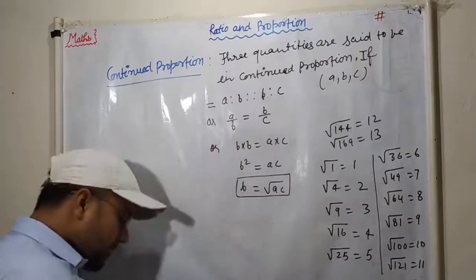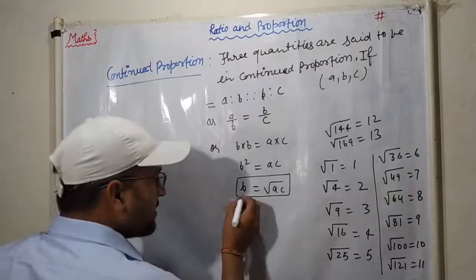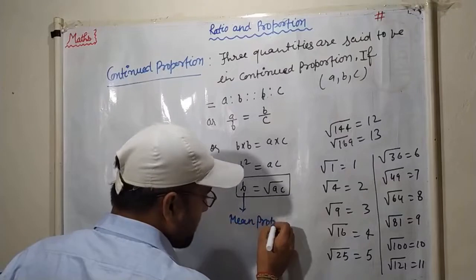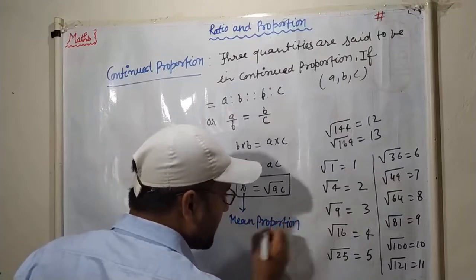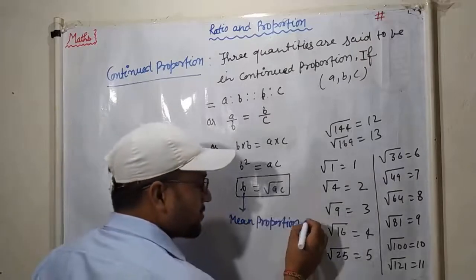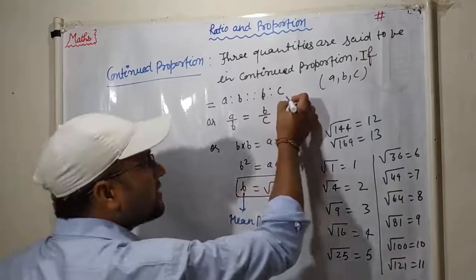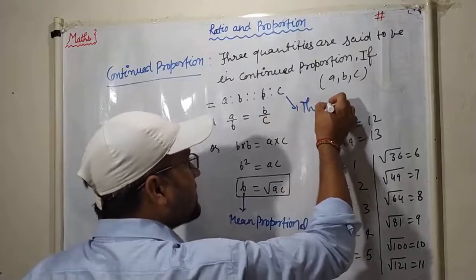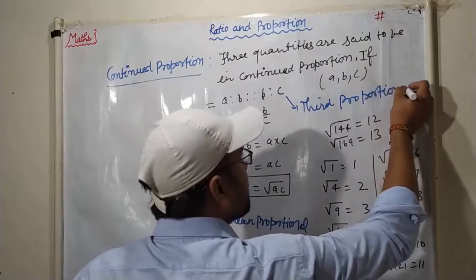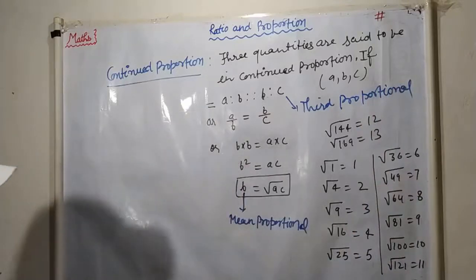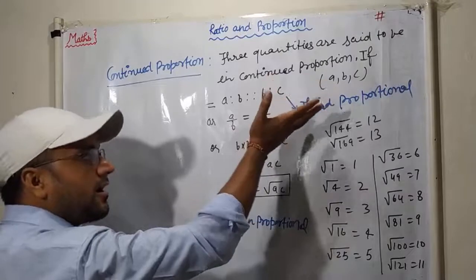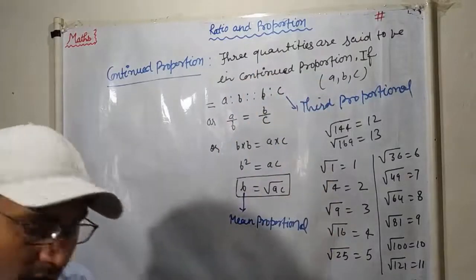B is called the mean proportional, and C is called the third proportional. So in this way you can find the mean proportional, or the third proportional also.